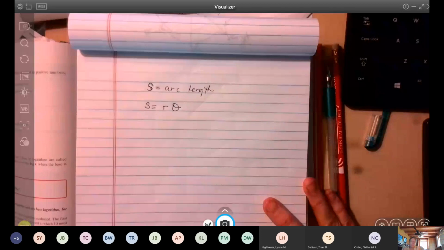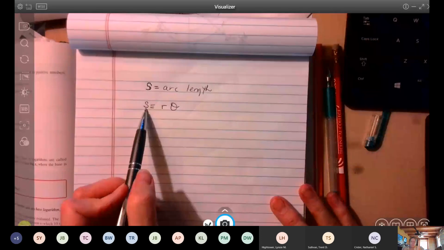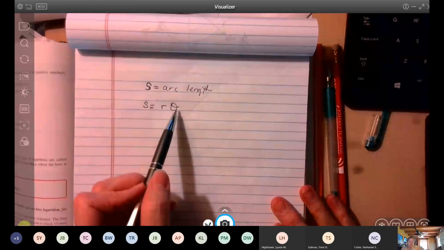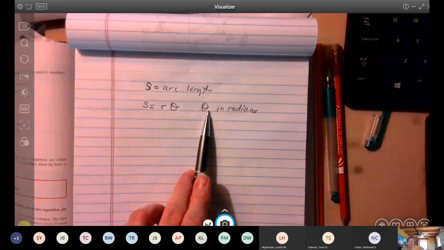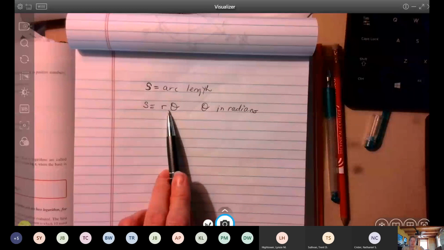Now, we know that when we're looking for the circumference, we're always in pi. The theta always has to be in radians. So when you're working with your calculator, you need to make sure your calculator's in radians. So that's why you need to know those major angles and then go from there.